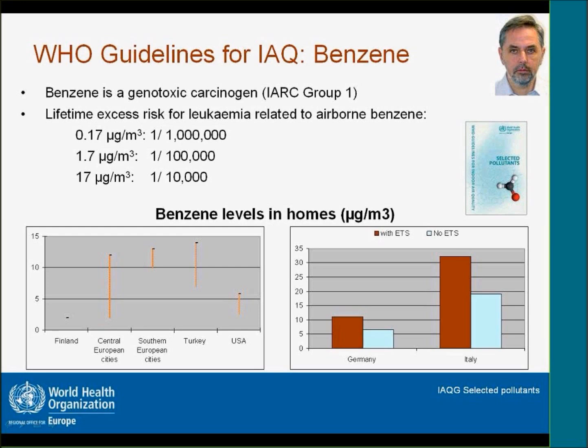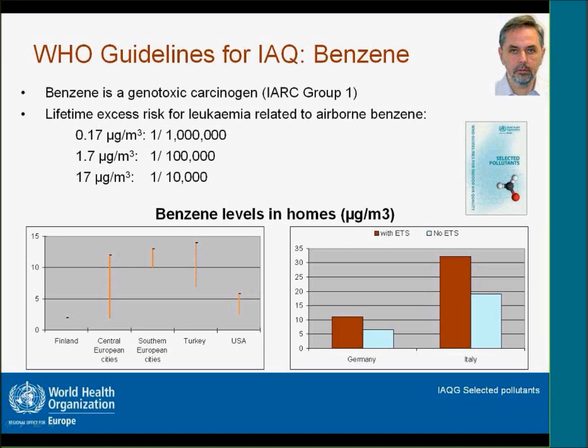When we look again at the distribution of benzene in homes in the world, we see that the distribution is quite wide, but is certainly in the range where we can expect more than 1 per 10,000 cases of leukemia being associated with indoor exposure to benzene.